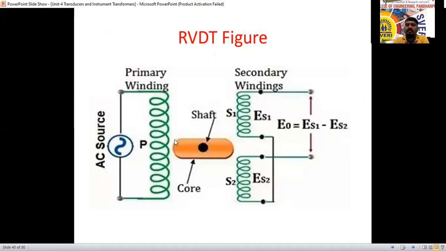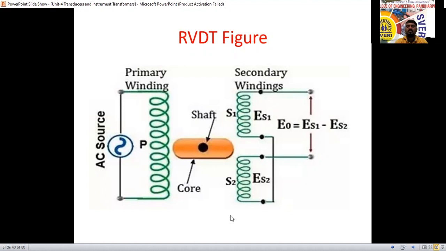See here, in between the primary and secondary windings we use one core material, which is connected to the shaft. This core is a rotating part. It indicates that it is not connected to S1 and not connected to S2. This is what we call the null position.